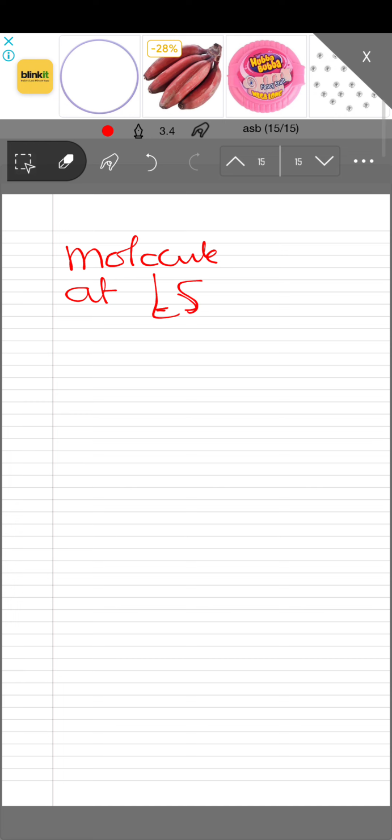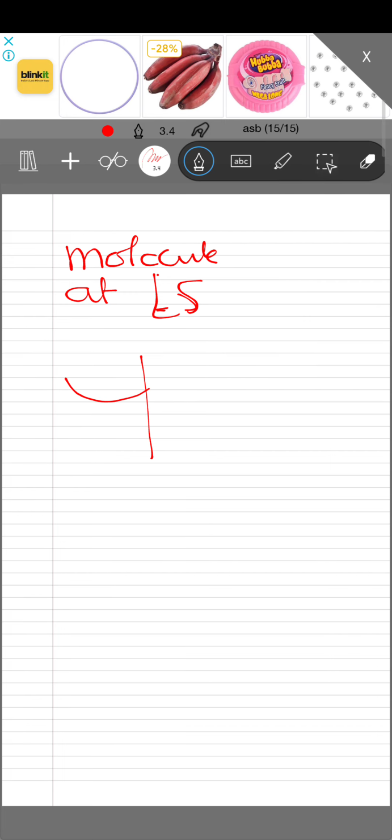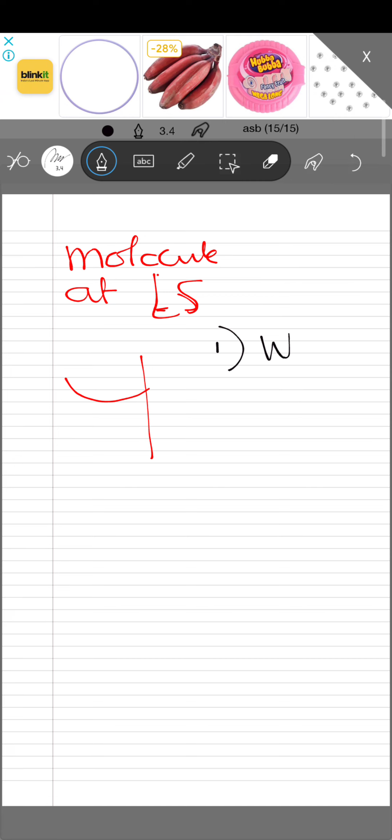There's an LS region, so let's say this is the LS region. And when there is a molecule, there are three different forces existing due to this molecule. First one is the weight of the molecule itself, due to the mass. So let's call this one M.